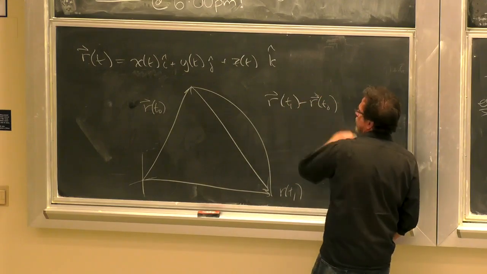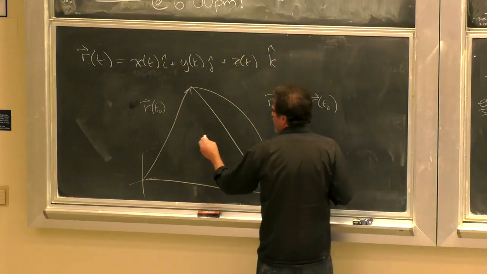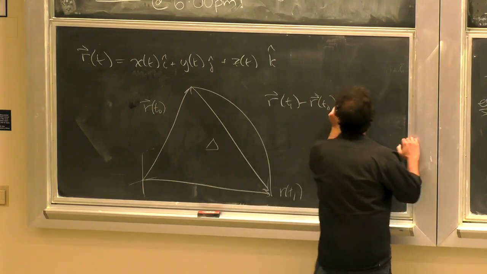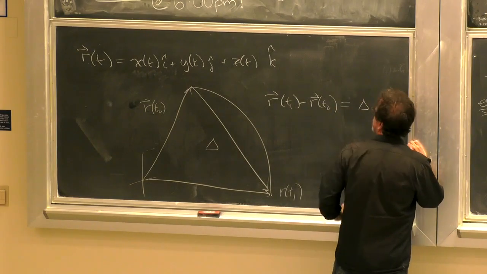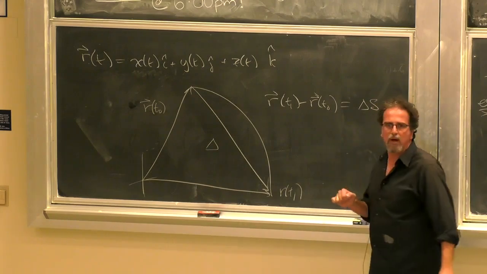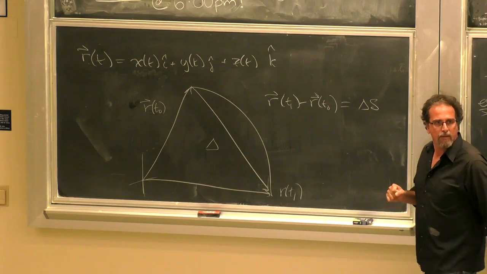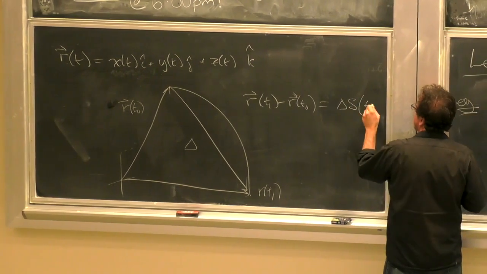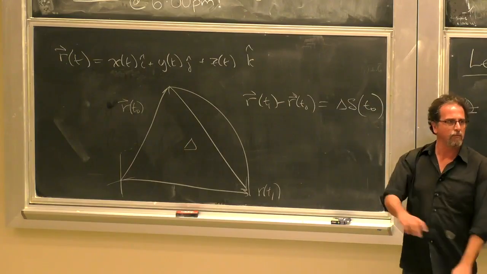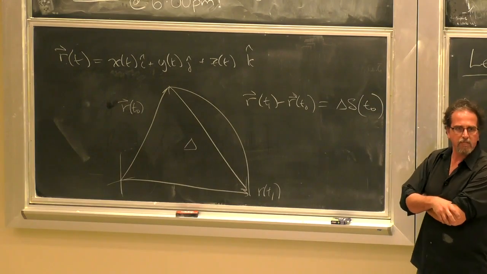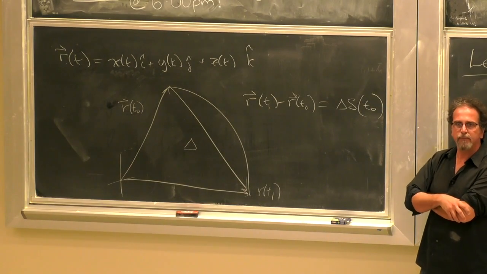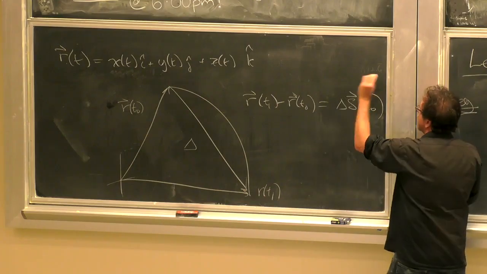That's this vector right here. In fact, I'm going to call that delta S at t0, just because I feel like it. This is a vector delta S at t0.